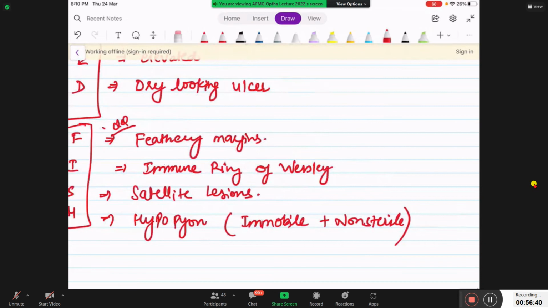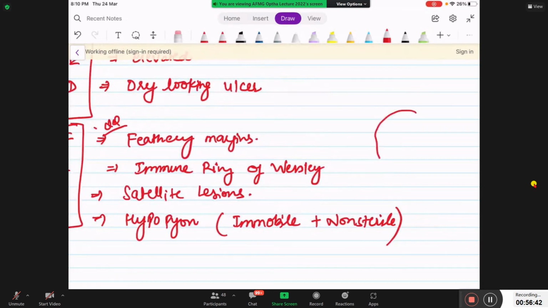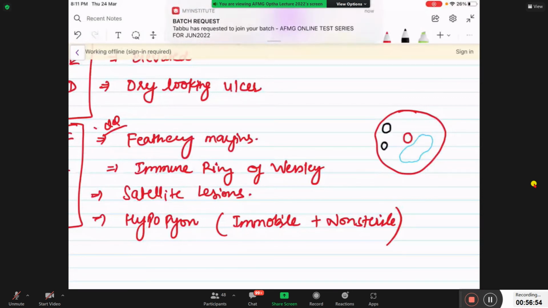What is a satellite lesion? Suppose this is the picture of the cornea, this is our pupil, and somewhere here is the infiltration of the ulcer. But despite this side, there are certain small lesions on the other side also. These lesions are called satellite lesions.